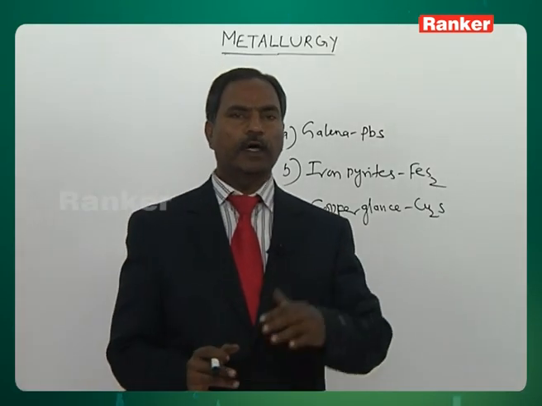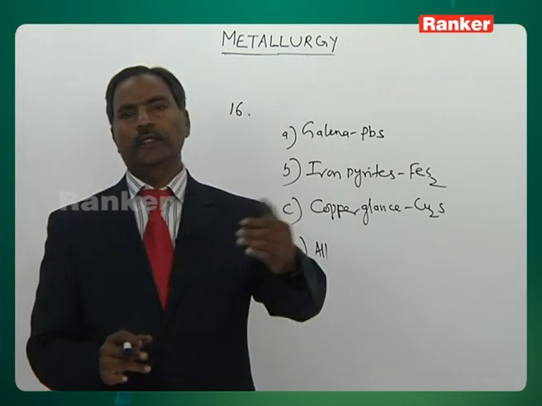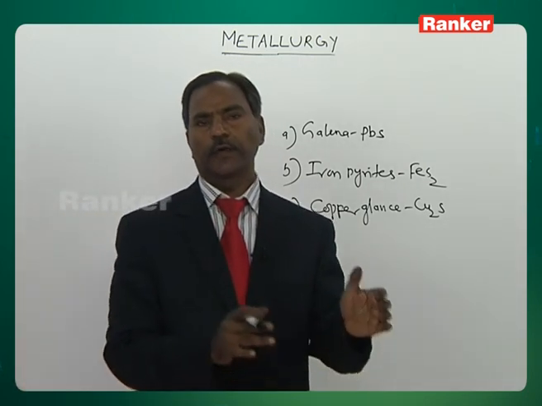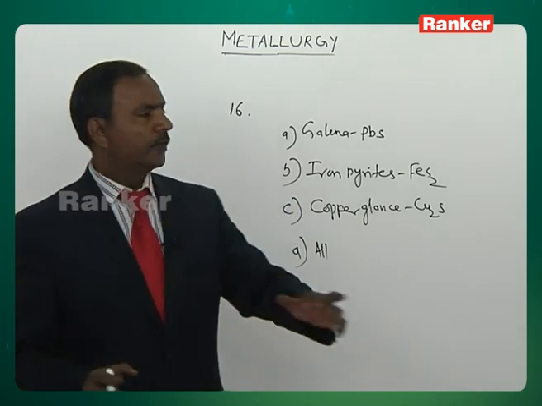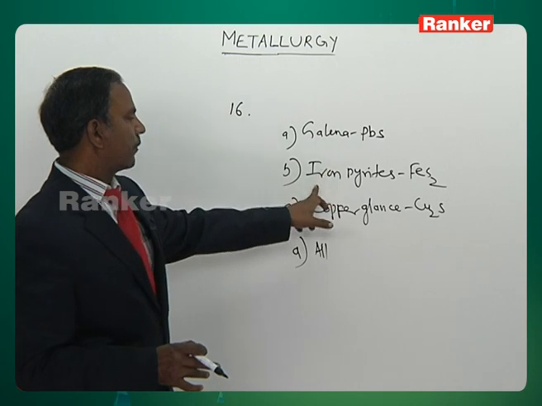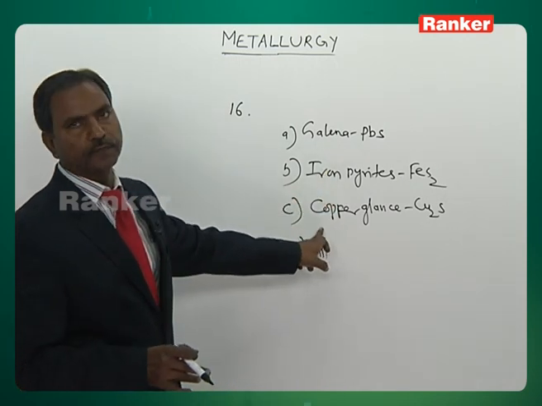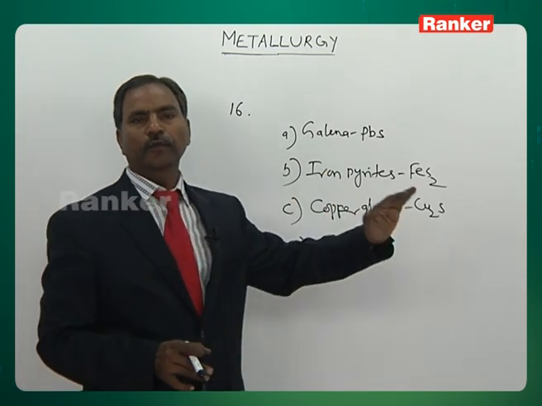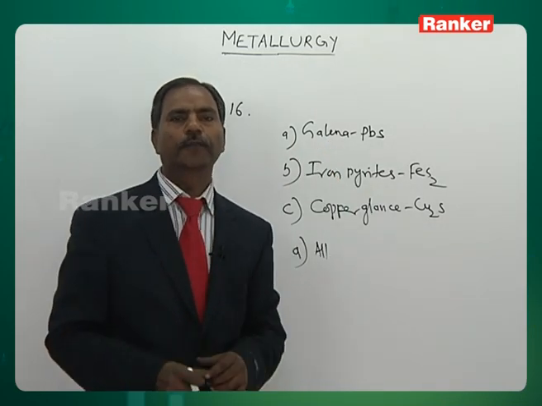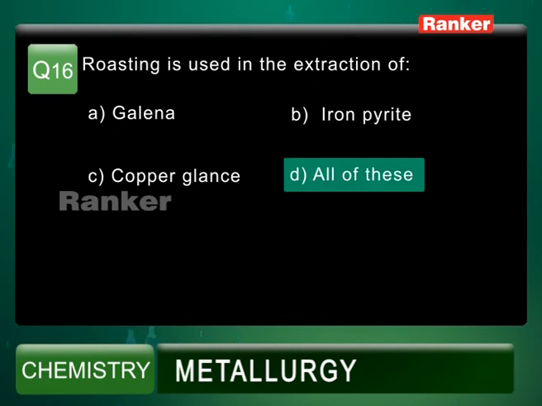Roasting is used generally for sulphide ore, heated in the open air in the presence of oxygen, converting it into oxide. These three are all sulphide ores: galena, iron pyrites and copper glance. All can be subjected to the roasting process so that they are all converted into oxides. Therefore, question number 16, answer is D.